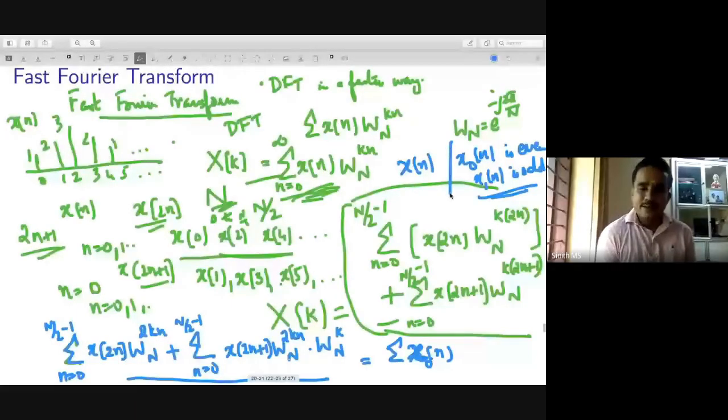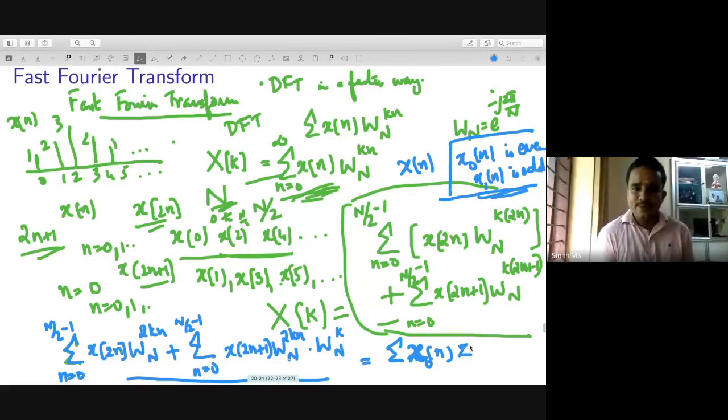Okay, you can write this as x0(n) z raised to minus n. W_N is raised to minus 2 pi by N, so this will be z raised to minus n. This you can write as z square raised to minus n, because you have a 2 term here, W_N raised to kn, W_N raised to minus kn will become z raised to minus n.